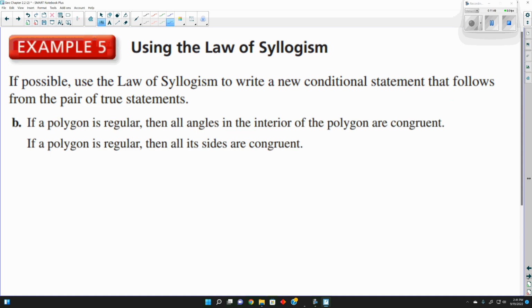Let's look at this one here. If a polygon is regular, then all angles in the interior of the polygon are congruent. If a polygon is regular, then all its sides are congruent. Do we have a hypothesis and conclusion that match? So the hypotheses are the same for both of these here, yes? Do I have a hypothesis and conclusion that match?